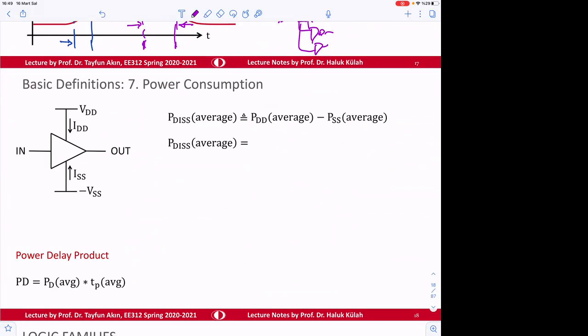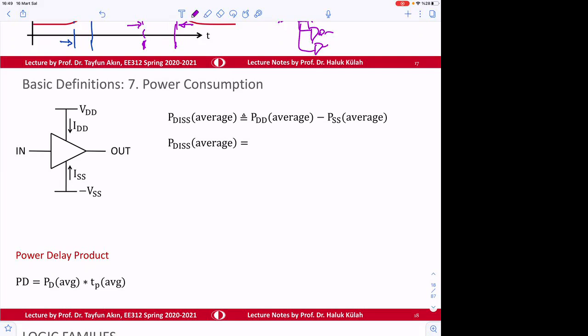Okay, another important thing is the power dissipation. The power dissipation is also important for each gate. Let's say you design a circuit and it dissipates a lot of power, then it's not good, because it will limit how many gates you can put into that circuit.